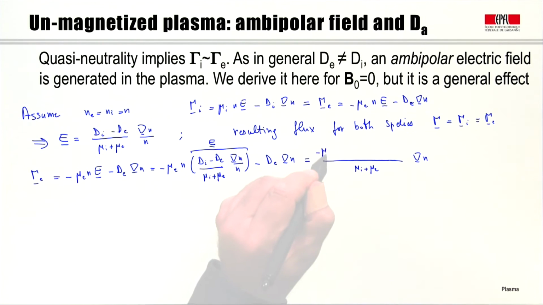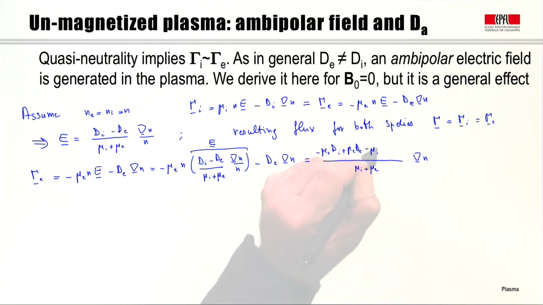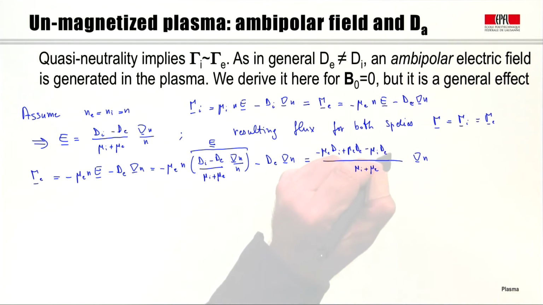And I have the different terms: minus mu_e D_i plus mu_e D_e minus mu_i D_e minus mu_e D_e.